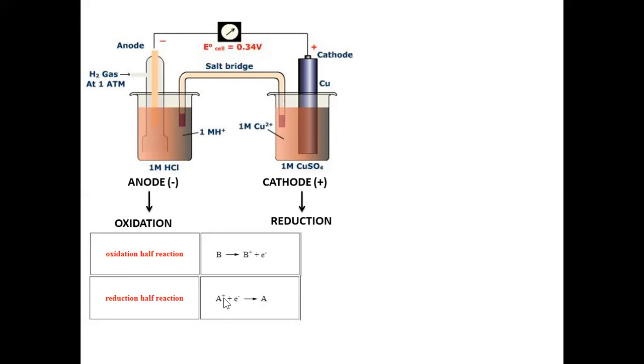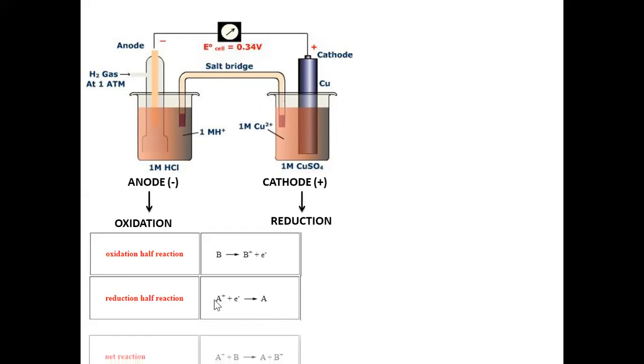From A positive, since this is plus 1, and our product A here has no charge or 0 charge, to balance the whole equation, where are we going to add our electrons? When we say electron, it is negatively charged, so it has a symbol of e negative. Since this is positive 1, this is negative 1, so this zeroes out the charge of A.